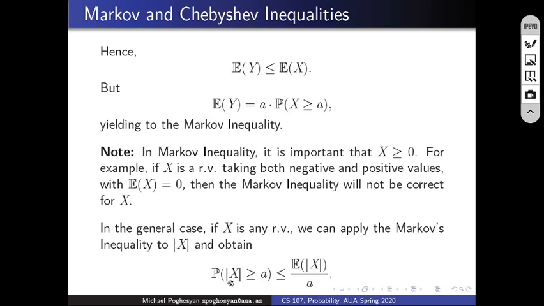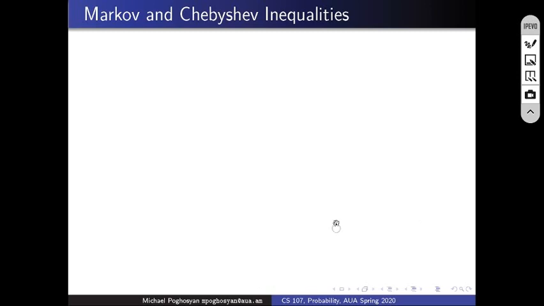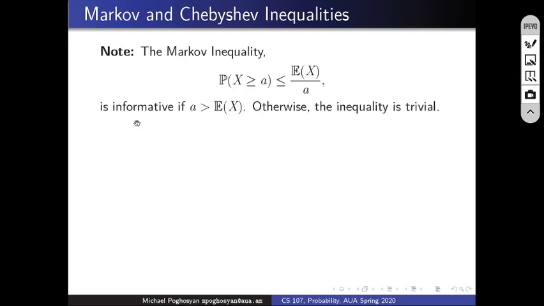If I write instead of x the absolute value of x, this is non-negative, so I can use that. So the probability that the absolute value of x is larger or equal than a is less or equal than the expected value of the absolute value of x over a, for any random variable x and for any positive number a. Okay?